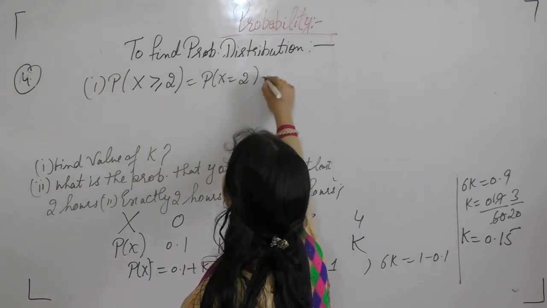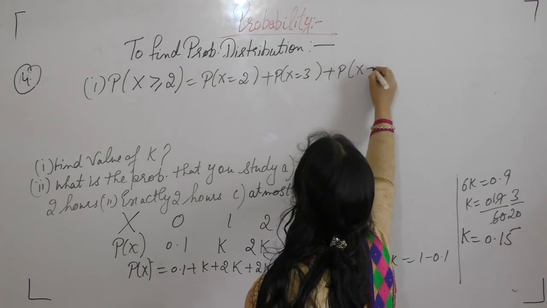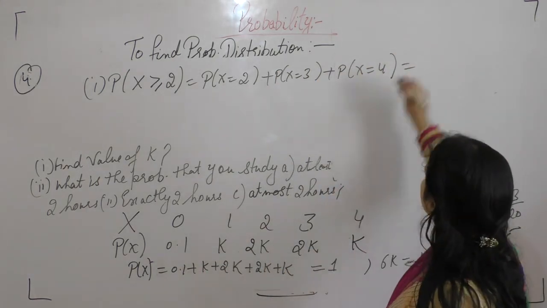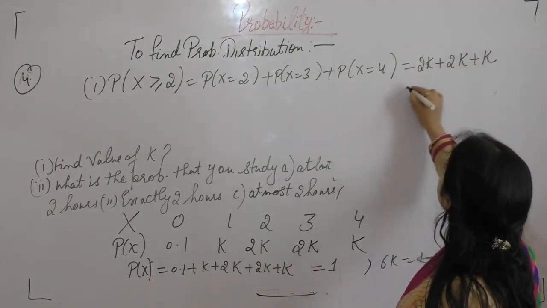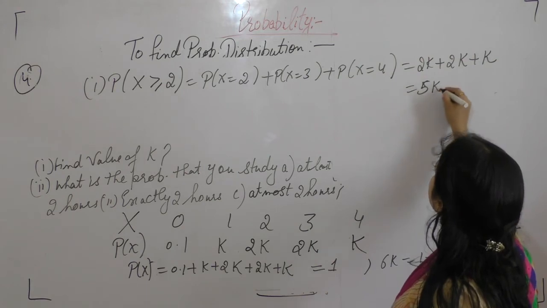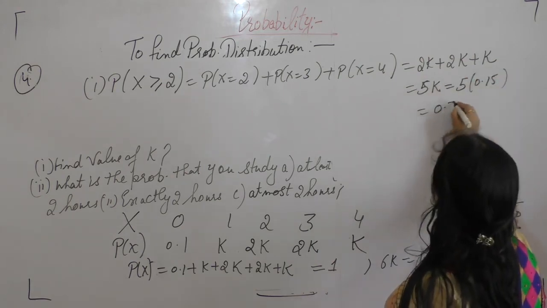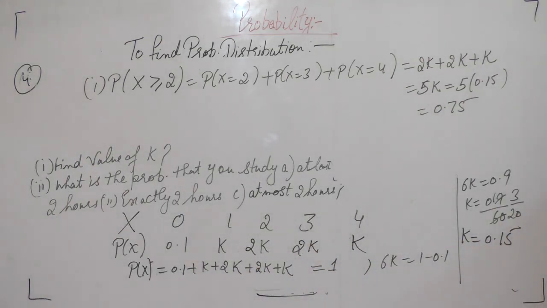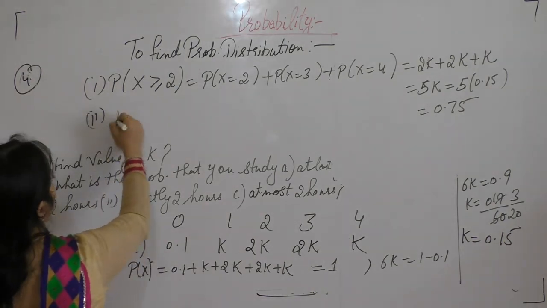The probabilities at x equal to 2, 3 and 4. What is the value at x equal to 2? 2k plus 2k plus k is 5k. Put the value of k as 0.15, so the answer is 0.75.